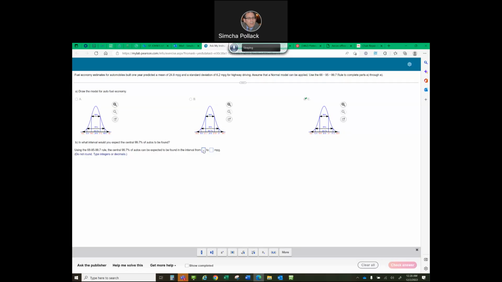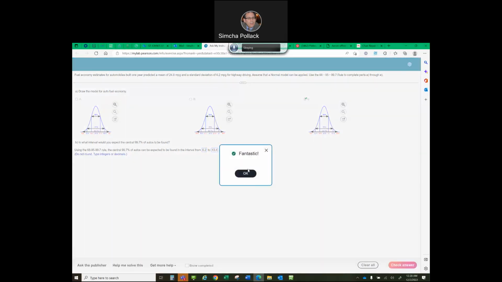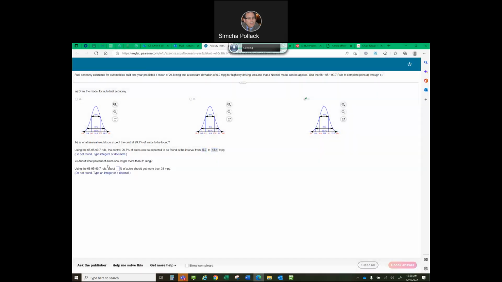I would say the numbers on the graph are correct, 6.2 to 43.4. But you can get it directly by taking 3 standard deviations. You multiply the 6.2 by 3, which is 18.6, add it to 24.8, and you get 43.4. And we're right.